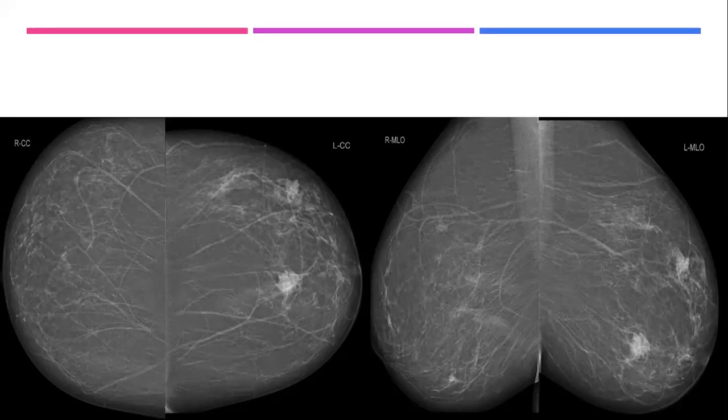But because they are high density and irregular, it will be BIRADS 4C, because I add another feature. Okay, so I can proceed to characterize it further. Are they suspicious?